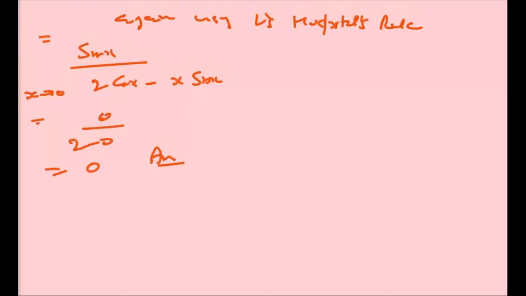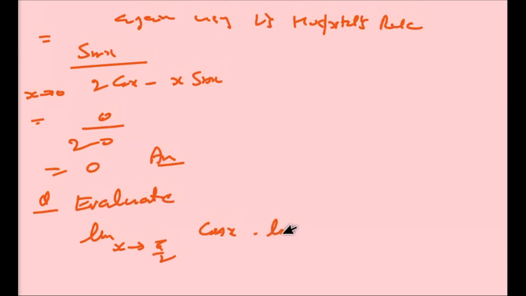Okay, student. So this way you can take the values of infinite minus infinite types. Now evaluate the following limit: x tends towards pi by 2 of cos x into log tan x.